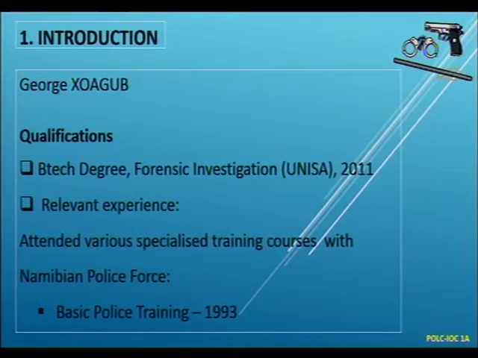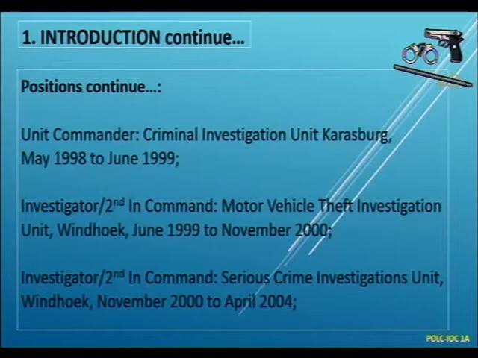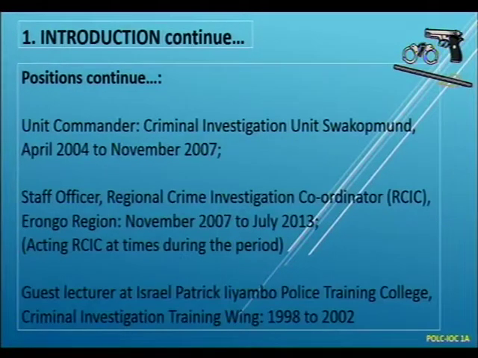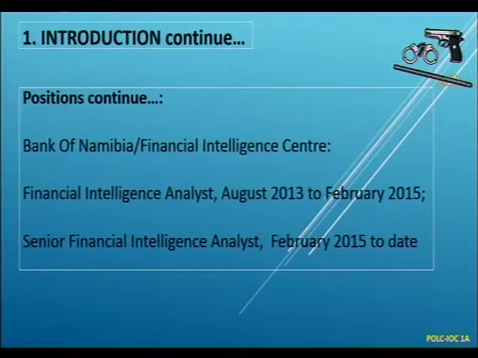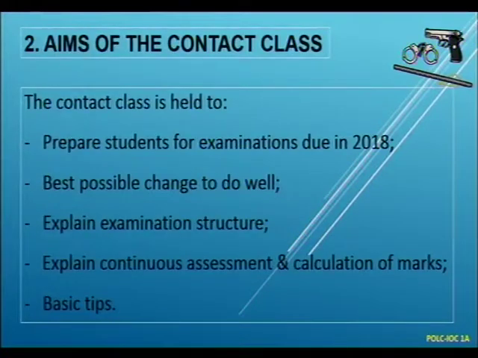For finer detail on the qualifications you can continue reading through. My very first slides will explain where I have spent much of my time, whatever I've been doing within my policing career and my current career.